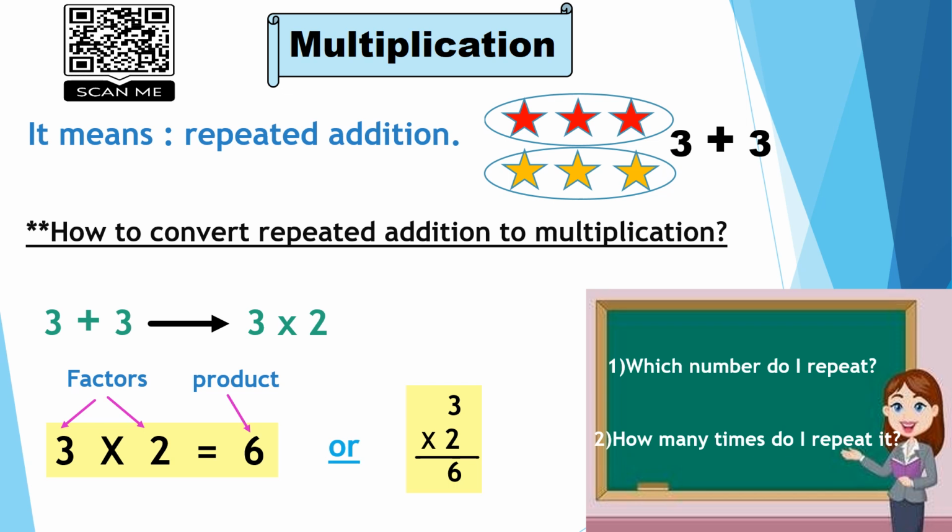So 3 times 2 equals 6: factor, factor, product. And the same here in the vertical way. If we have 2 numbers multiplied by each other, we call them factors, and the result is the product.